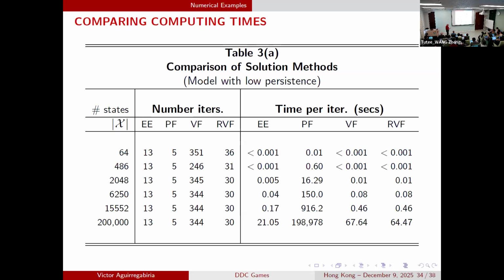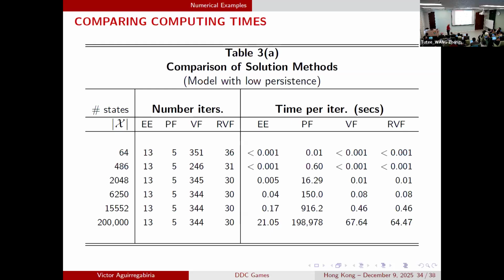That is not the case for value function iteration. This is also a very well-known result, but for value function iteration, the larger is the state space, the more iterations you need for convergence. And you can see also here the large modulus very close to 1. Basically, we need many more value function iterations to converge than Euler equation iterations.